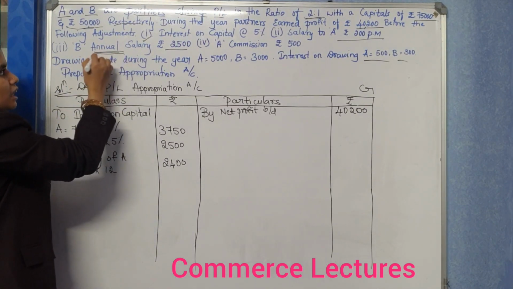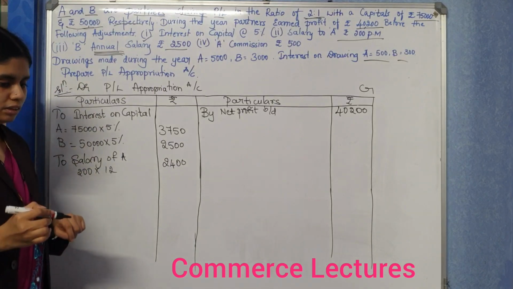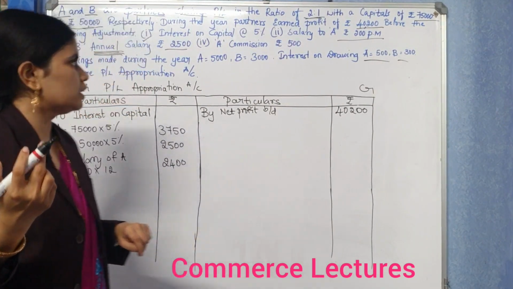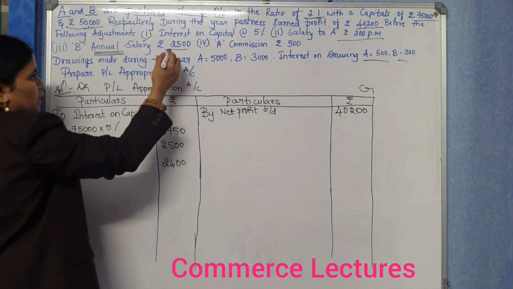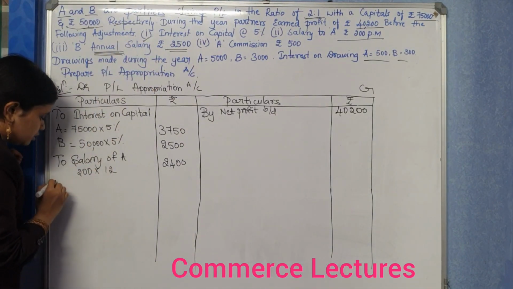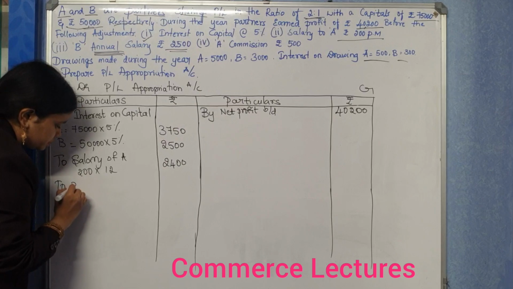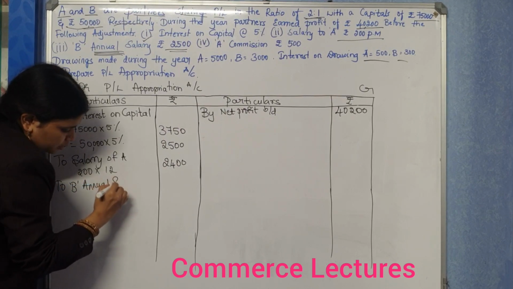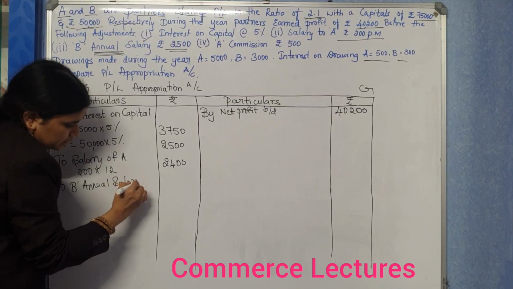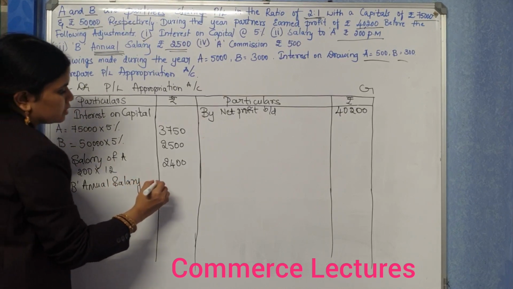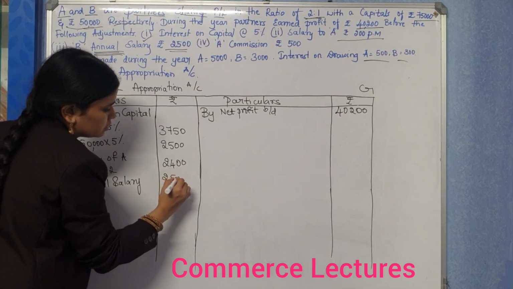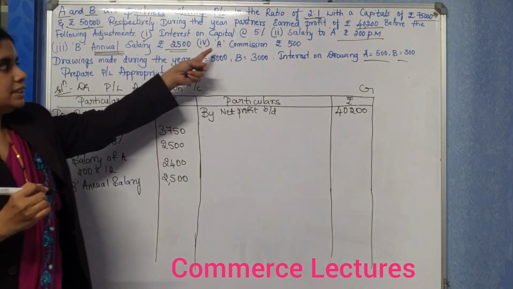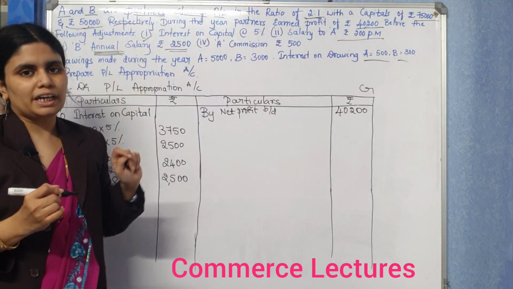Okay, next B, annual salary. What have they said? Annual salary. No need to multiply with the 12. Yearly they are paying. How much? 2,500. To B, annual salary rupees 2,500. Okay, next A, commission rupees 500.